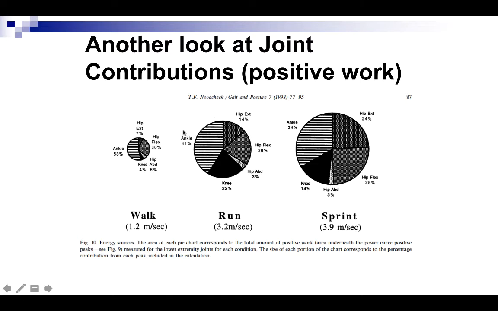As we look at that same hashed region, we notice that it decreases as we go to higher speeds. So its proportion of the overall work is decreasing to where, when we get to sprinting speeds, it's only producing 34%.